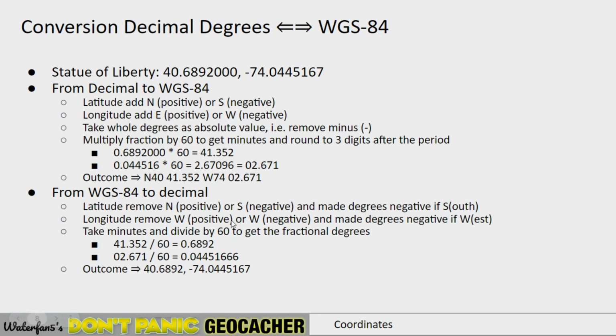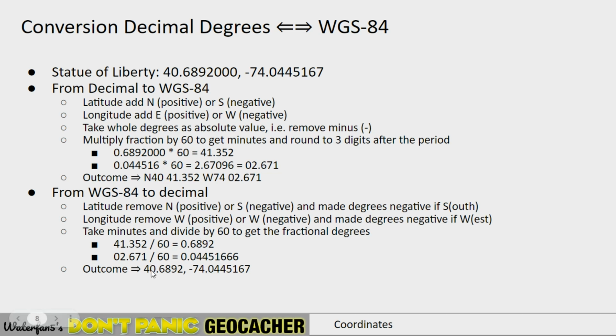Same if you want to do in reverse, of course you now do it in the opposite direction, and instead of multiplying, you're now dividing it. So we have the fraction system of the minutes, we divide it by 60, and now that becomes the fraction of our total again. So we had 41.352 divided by 60, 0.6892.